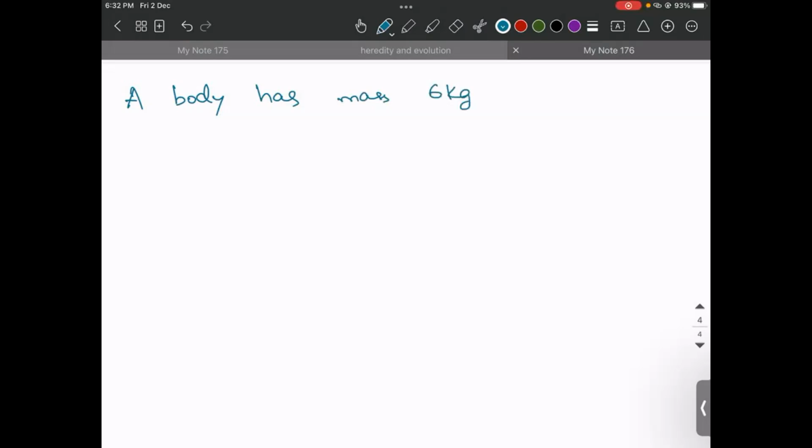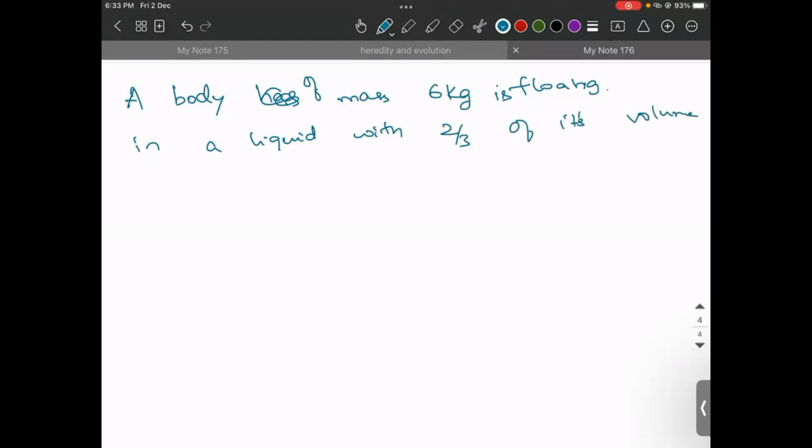A body of mass 6 kilogram is floating in a liquid with 2/3 of its volume inside the liquid. Find first the buoyant force.